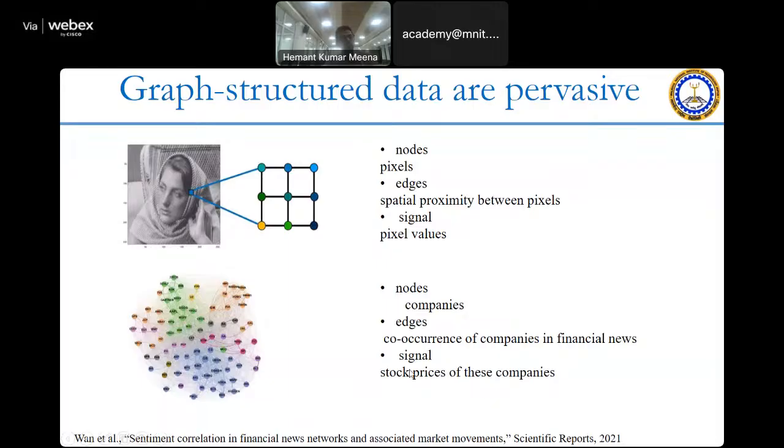What do you mean by the signal here? Signal means we can say the stock prices of these companies. Remember, this type of flexibility in the graph, where you can define the edges based upon your objective, makes a graph very useful.